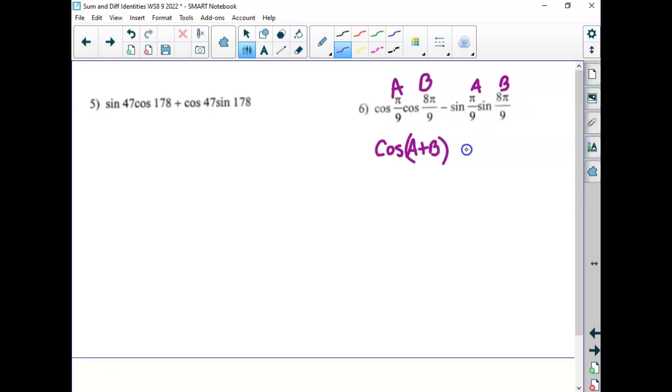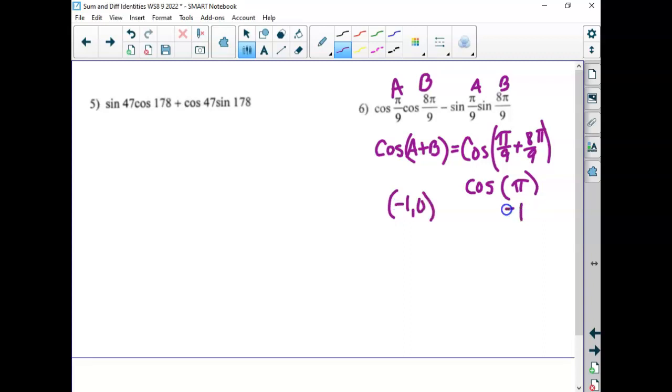So that becomes the cosine of pi over 9 plus 8 pi over 9. Now, if it's some funky fractions, do you remember how to add them? You just leave the pi out and use your calculator. But this one you should be able to do, right? 1/9 plus 8/9 is 9/9 or 1 pi. So the cosine at pi, the ordered pair was -1, 0. So the cosine is -1.